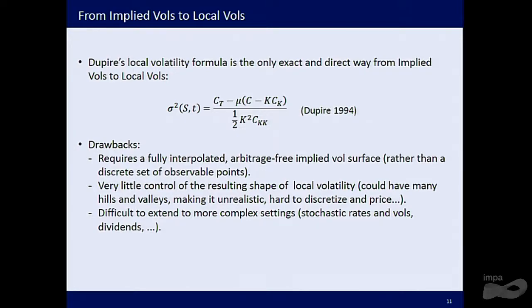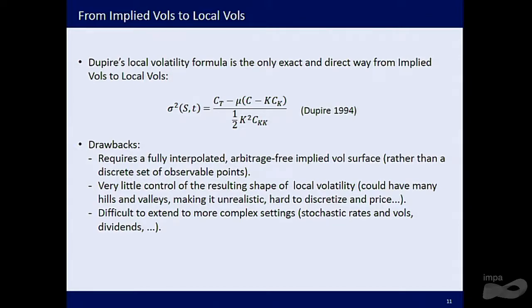And we were very happy with it for many years. But there are some issues with it. Obviously, it requires a fully interpolated surface of implieds, and that creates challenges. In fact, we spent a lot more years trying to fix the implied interpolation. And also, one issue is you don't really have any control on the shape of the local vol.